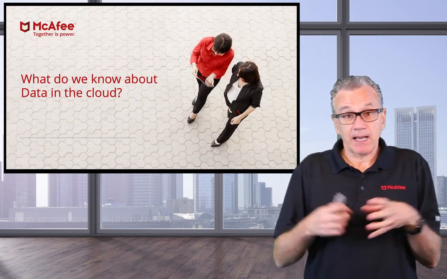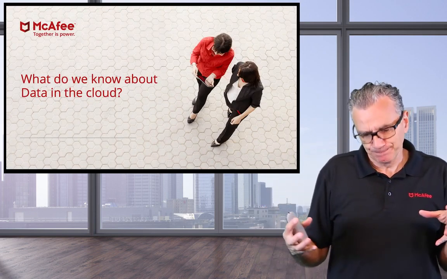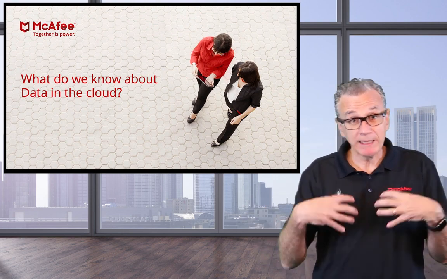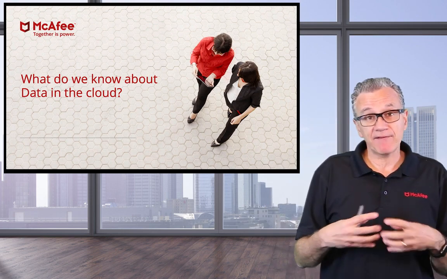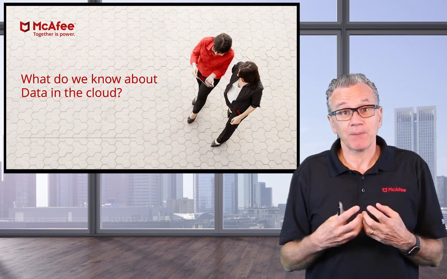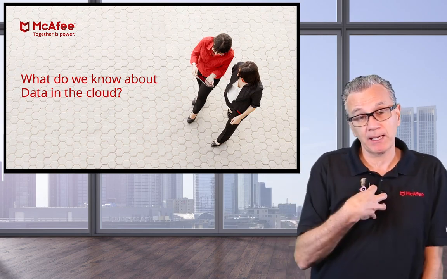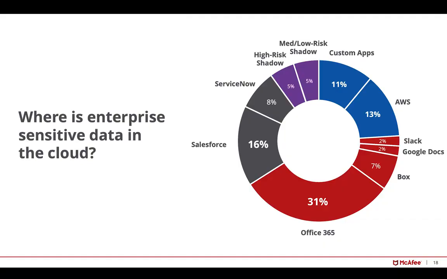And as organizations the world over adopt the cloud, at McAfee we have some very interesting information by looking at the usage of our cloud security platform by our customers. This is anonymized data that basically tells us that confidential data ends up pretty much where you would expect.